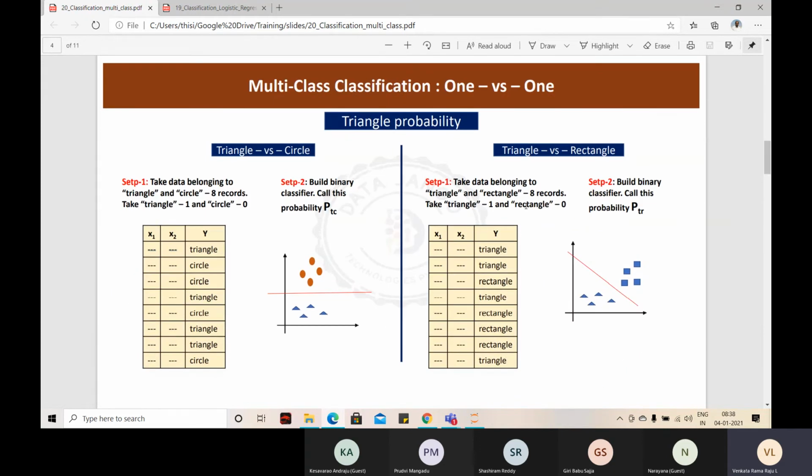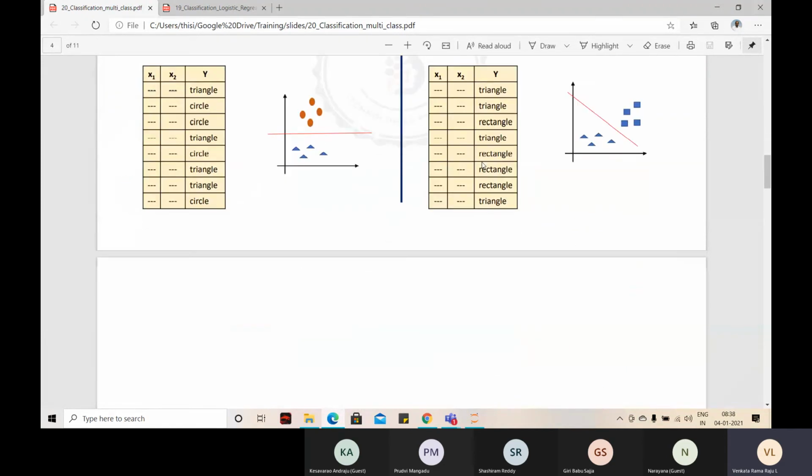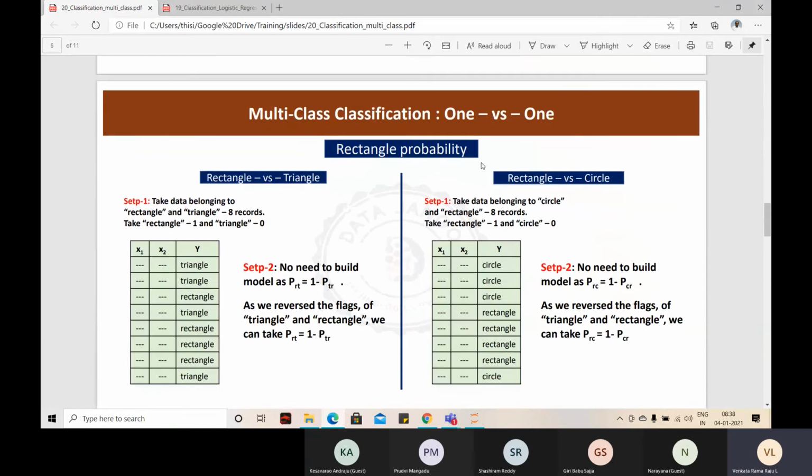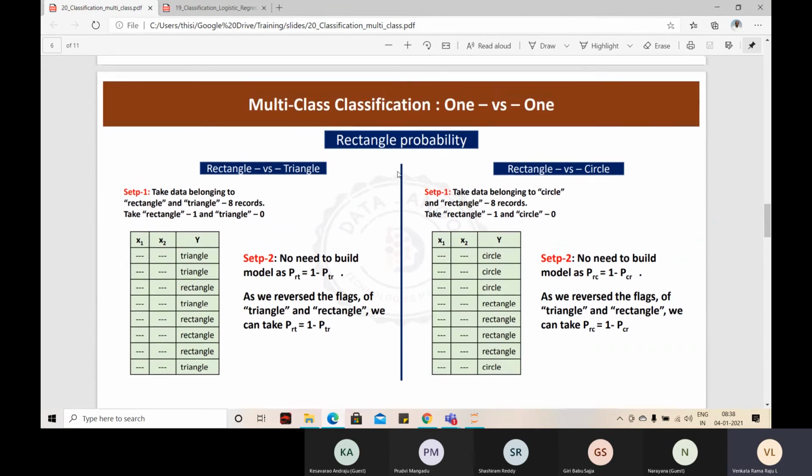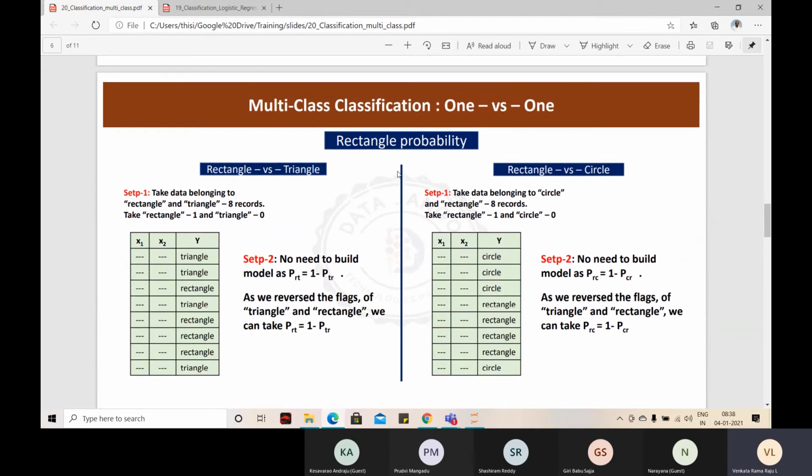But here, for triangle we are building 2 models, for circle 2 models, and for rectangle 2 models. Got it? 6 models we need to build. How are we getting 6 models? We derived 6 data sets out of the existing data set and then built a model.